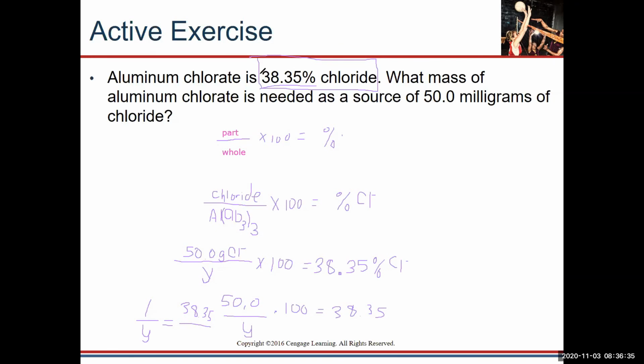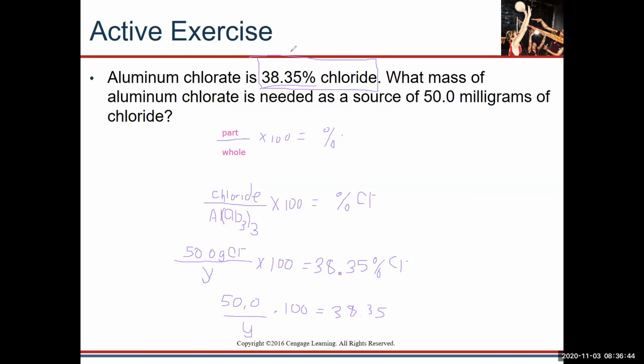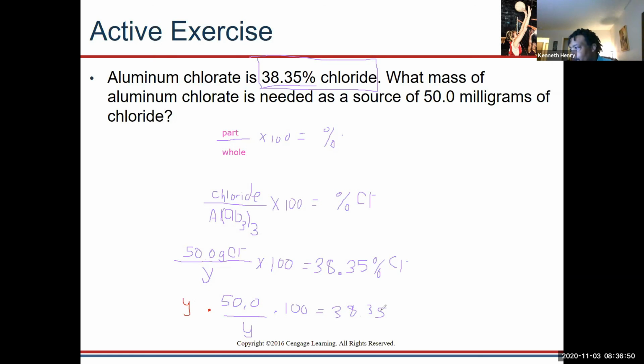Oh, no. Multiply each side by Y. Okay, so let's multiply each side by Y, so that cancels out Y. So we get 50.0 times 100 equals 38.35 Y.